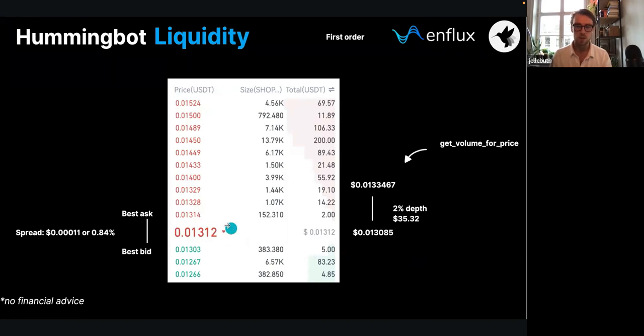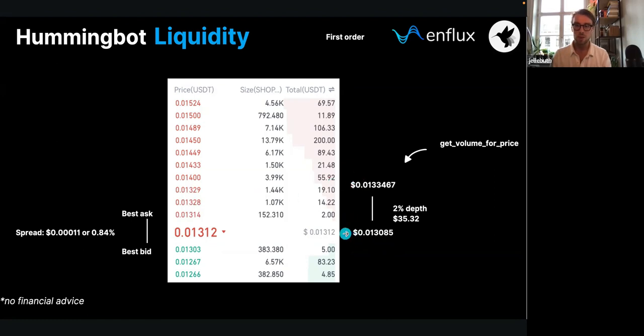So if we calculate the mid price, the price between the best ask and the best bid, we get this price here. If we then calculate 2% above that, we get this price around here, which in total involves these first 3 order levels.